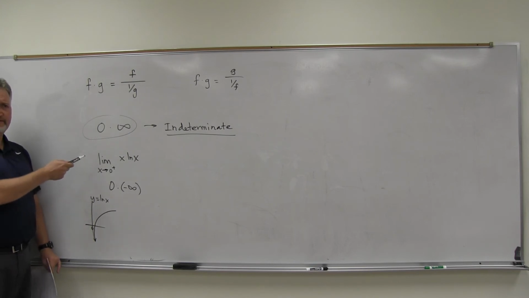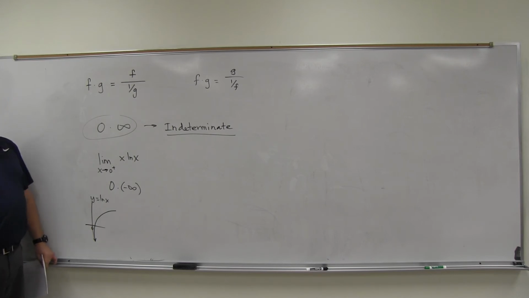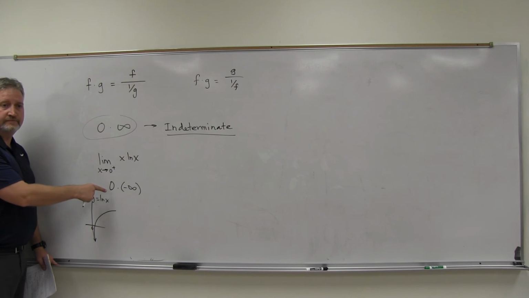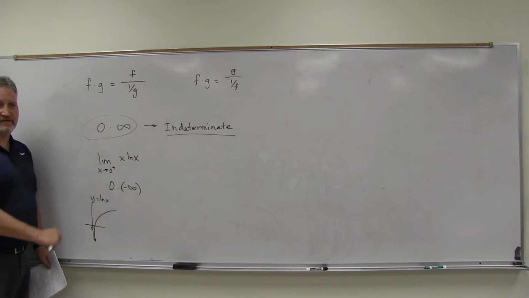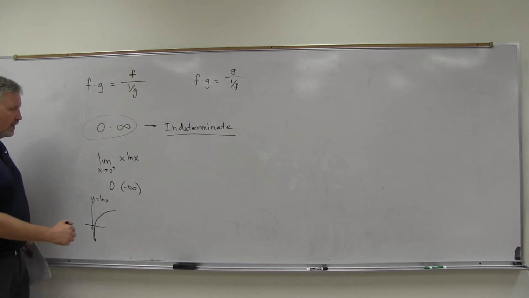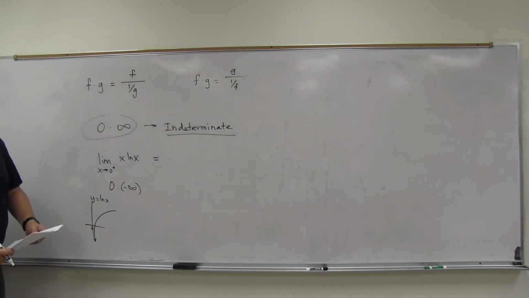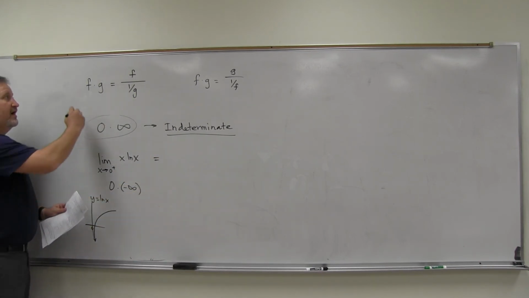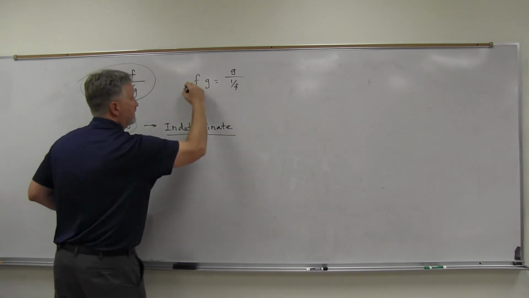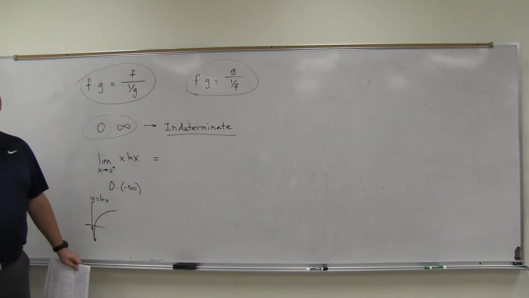And so, like I was saying, this is indeterminate, and I'll show you that it can be lots of different things, so you just don't know what that does. 0 times infinity or 0 times negative infinity, same thing. So what do we do? If you have that indeterminate form, 0 times infinity, we're going to apply one of these conversions.